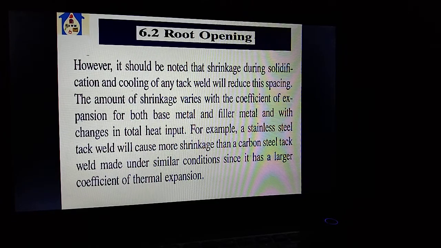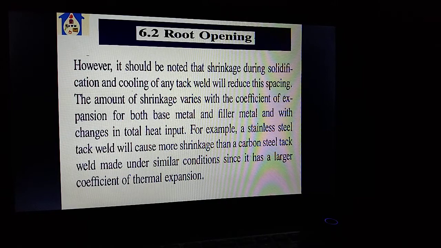However, it should be noted that shrinkage during solidification and cooling of any tack weld reduces the spacing. The amount of shrinkage varies with the coefficient of expansion of both base metal and filler metal.